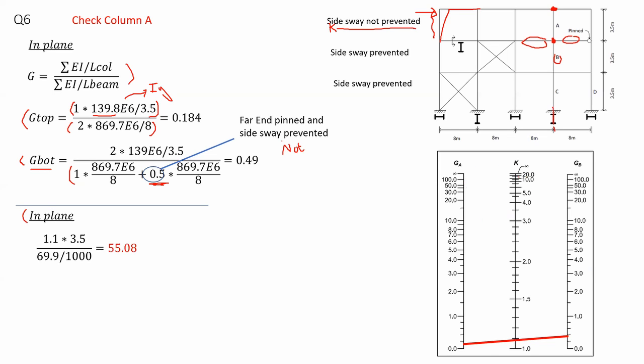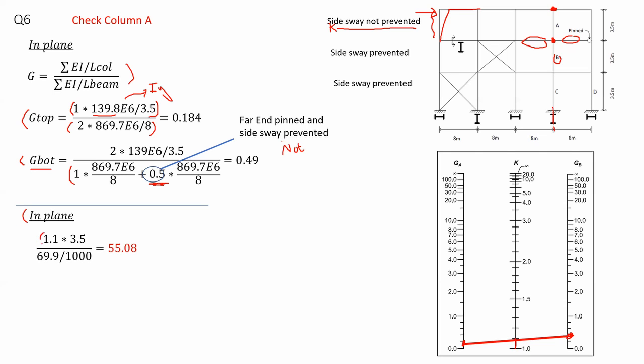Therefore, I go to the associated alignment chart and I plug in the values for G top and G bottom. So for instance, I have plugged in the value for G bottom here, and here is the value for G top. Connect those points with a line, and from the middle line, you can read the K value. Now it appears that the K value is approximately 1.1.